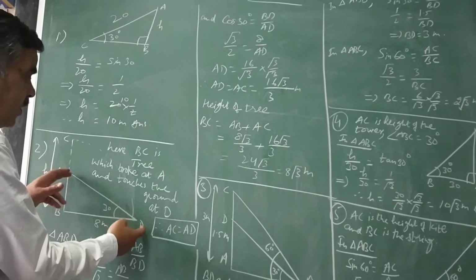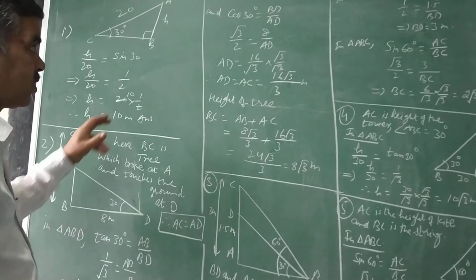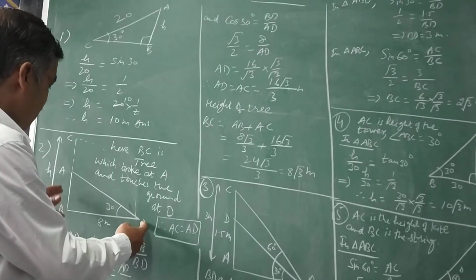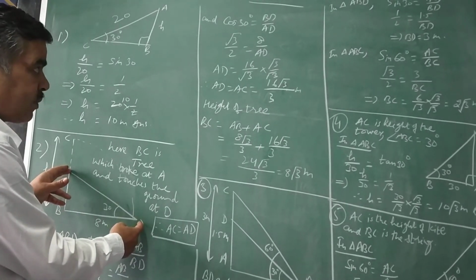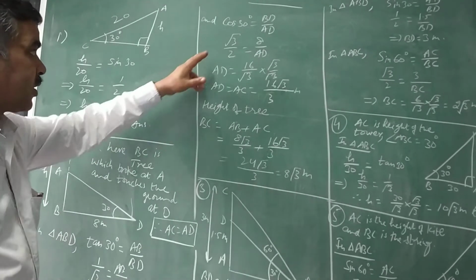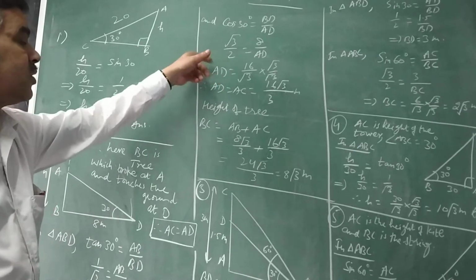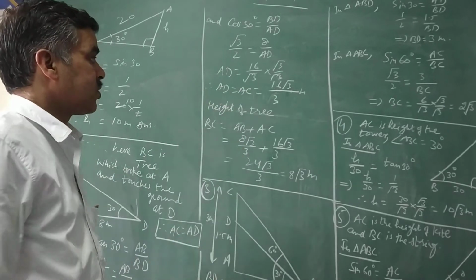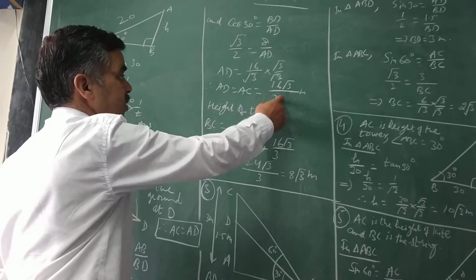So base upon hypotenuse is cos, so you can use cos 30 is equal to base upon hypotenuse, substitute the value and calculate the value of AD. Somewhere you will be reaching at 16 root 3 upon 3.